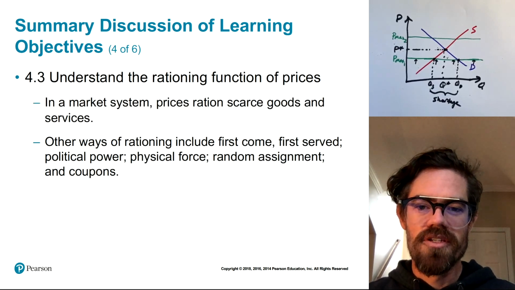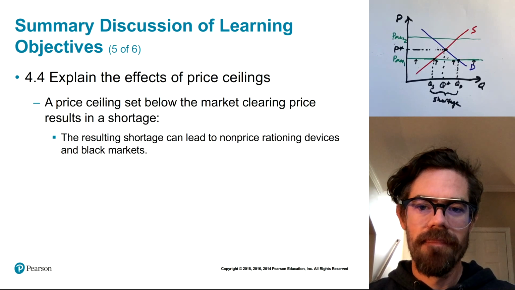In section 3, we talked very quickly about the rationing function of prices and some other non-price ways of rationing. In section 4, we looked at price ceilings, right, which are maximum prices that only matter when they are set below equilibrium price.